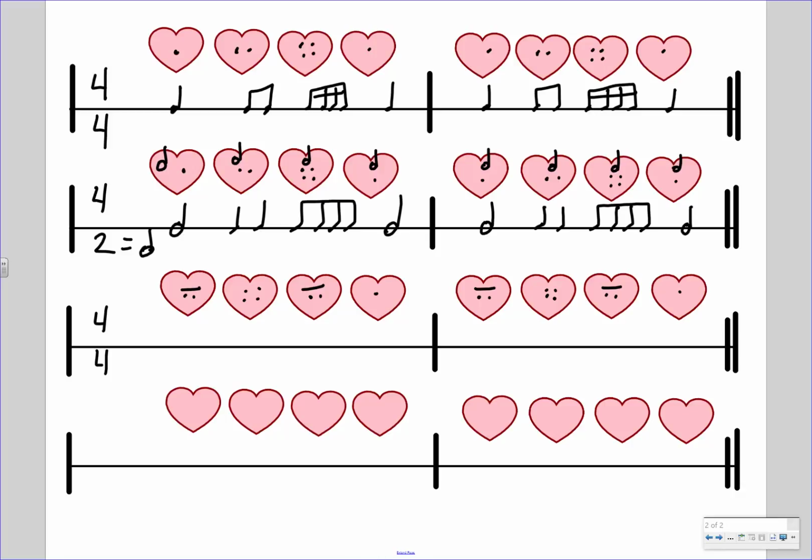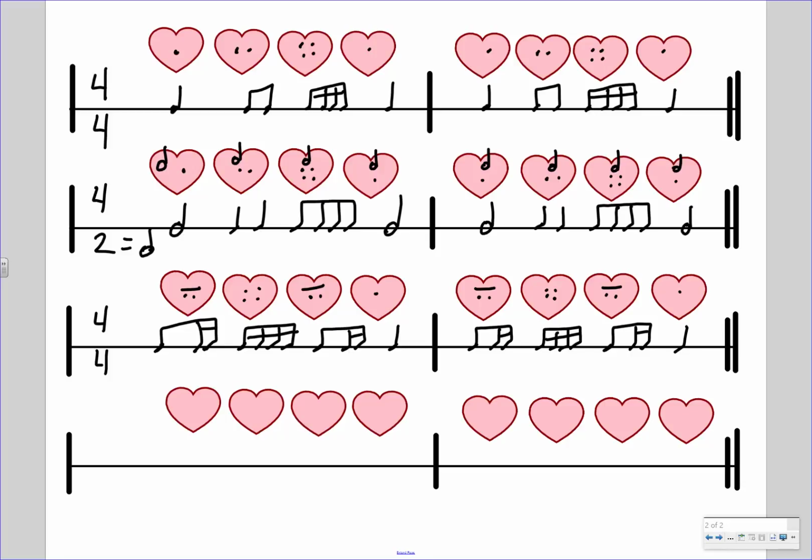Try to notate that. And we can look up, I've done the answer.